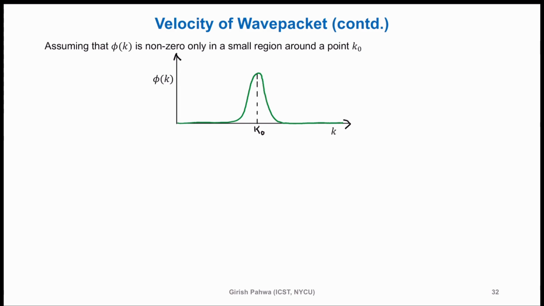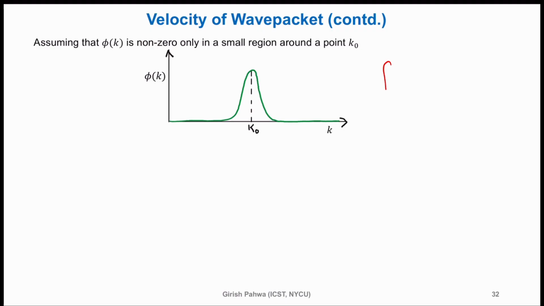Okay, so if I can assume that, then I can assume one more thing. Because my phi k is centered around this k naught, what will happen to this integration? Yeah, there is some time factor also, say minus omega t here. What will happen to this integration?